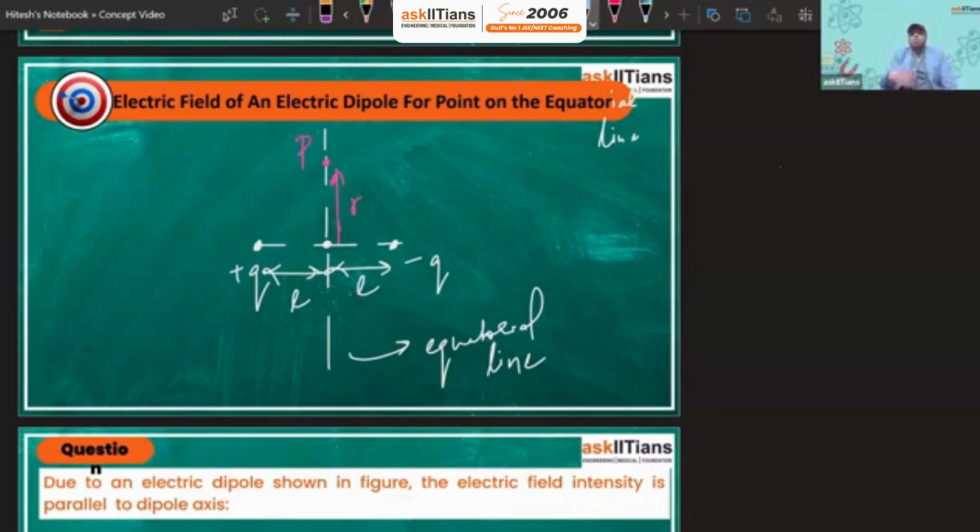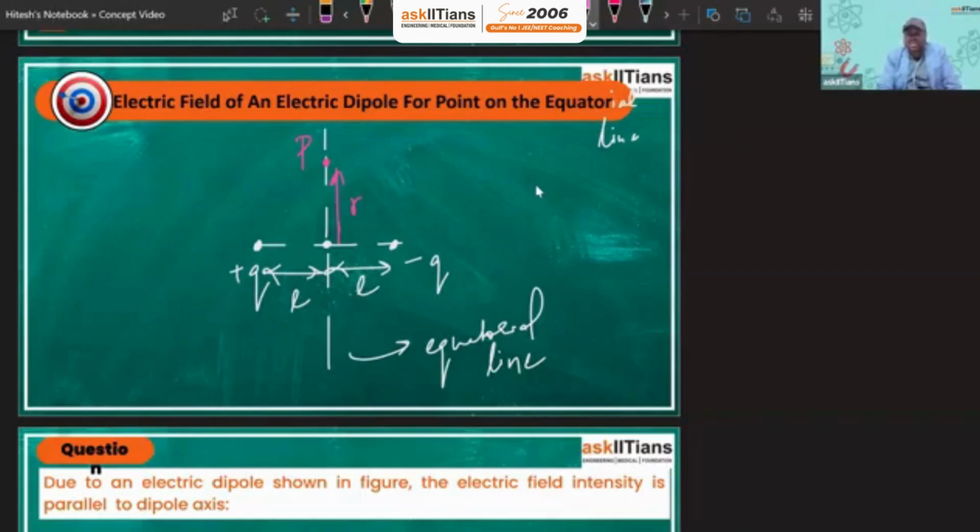How to go about it? This is the equatorial line. This derivation is also important. Both these derivations, on the axis and on the equatorial line, are very, very important from the point of view of the CBSE board examination. Every year, generally, it comes.